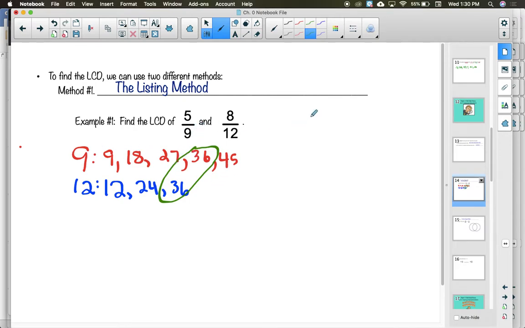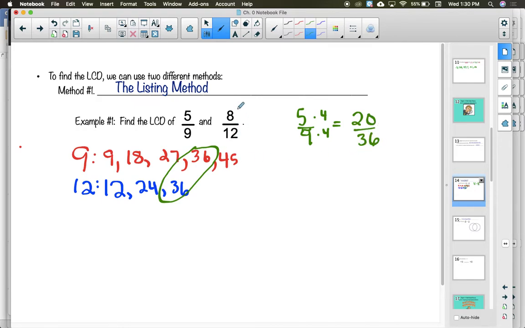So 5/9, I need to take my 9 and multiply by 1, 2, 3, 4 to get 36. And if I multiply the denominator by 4, I have to multiply the numerator by 4 as well to keep them equivalent fractions. So I get 20/36.